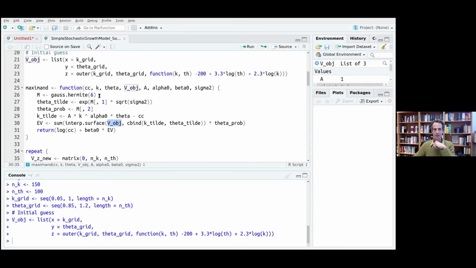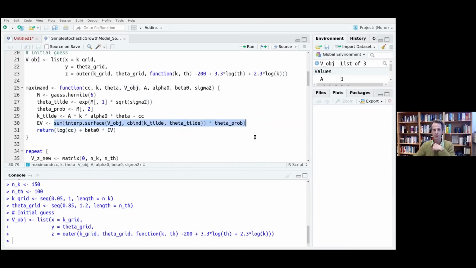Yeah, so we need to do this maximization exercise for each pair of capital and technology. So there are 15,000 instances where we have to evaluate these 6 points, which are derived from the 15,000-point value function. That's right. But this here is only a single value.